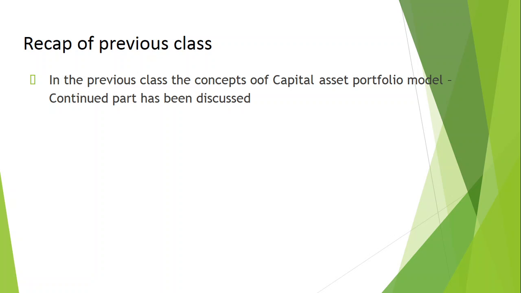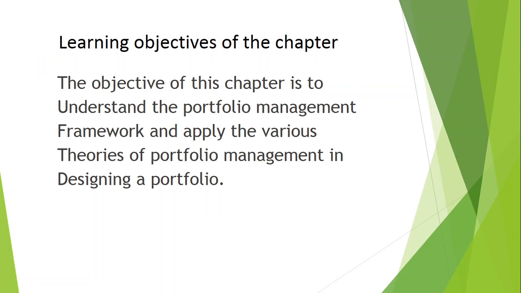In the previous class, we discussed the concepts of the capital asset pricing model, and it was discussed as a continued part. The learning objective of the chapter is to understand the portfolio management framework and apply the various theories of portfolio management in designing a portfolio.